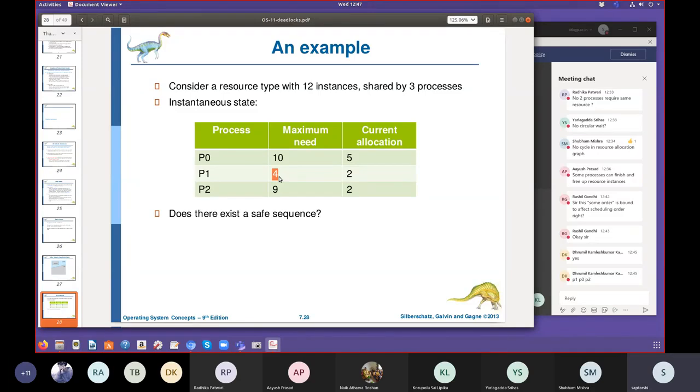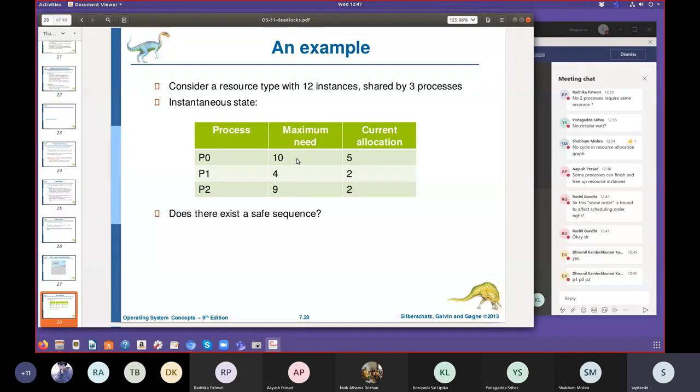When P1 completes, how many resource instances will be available? These 4 which it will free up, and the 3 which are still remaining. So 7 are free at that point when P1 has terminated. These 7 can be allocated to P2 and it can complete. After that, P0 can complete. So Dhrumil, I think it will be P1, P2, P0, right?